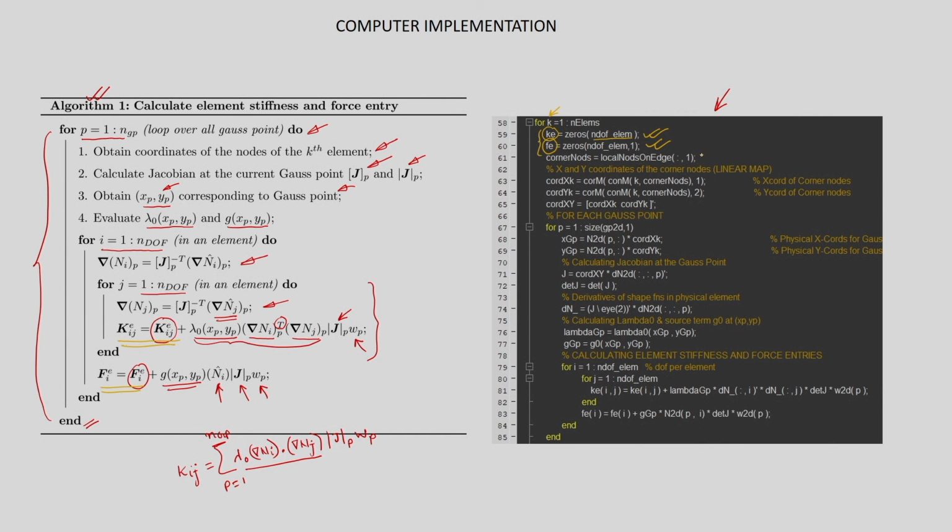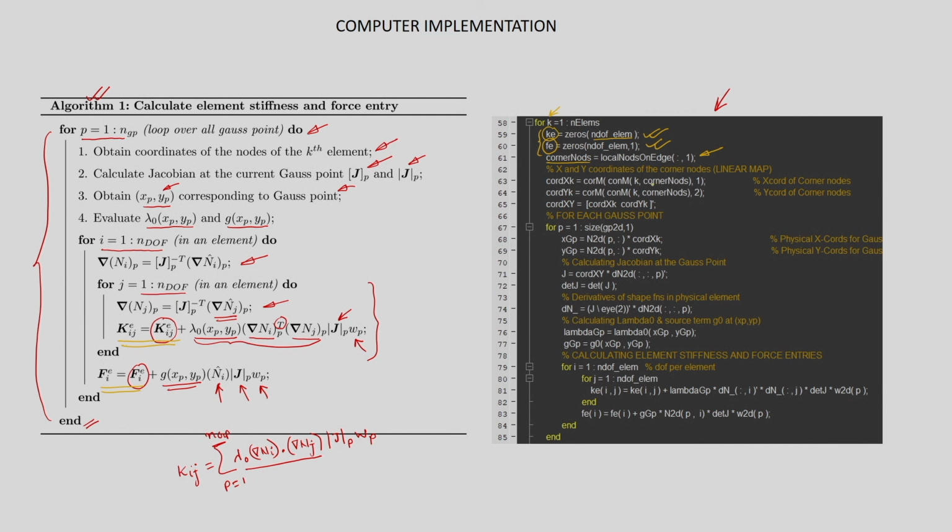Then we calculate the corner nodes. So, these are the local numbers. For every element these corner nodes are basically the local number. In the current case where we are using the quadrilateral element with degree p equal to 1, these are basically 1, 2, 3, 4.